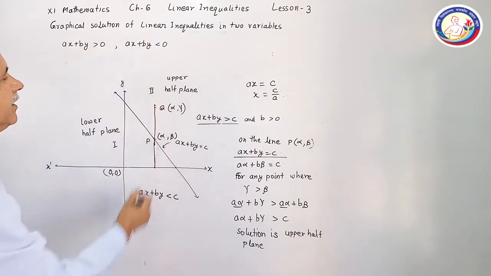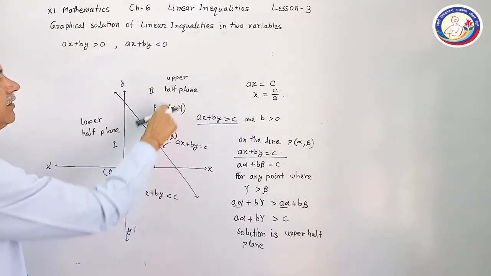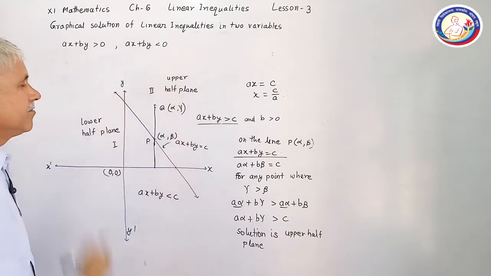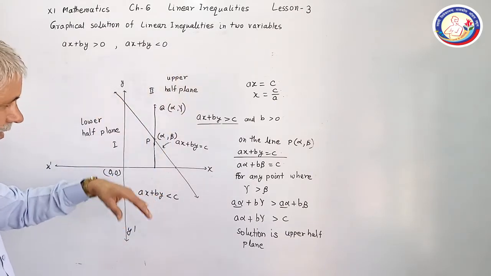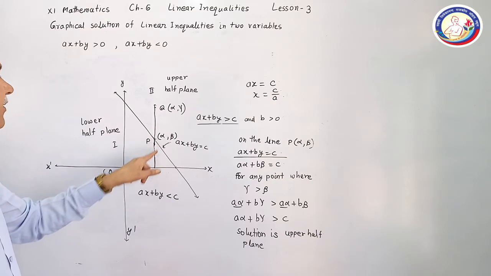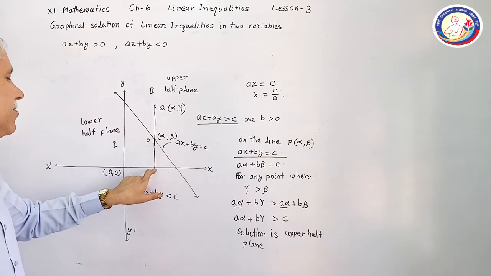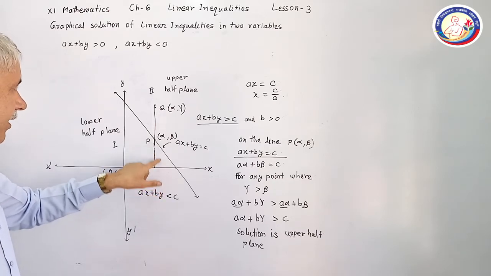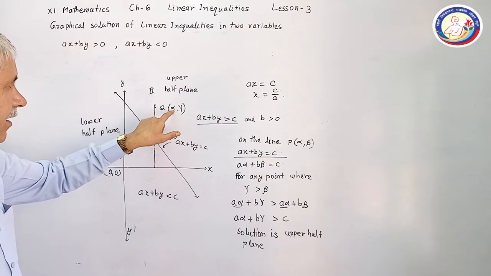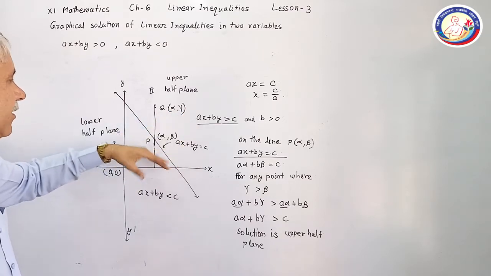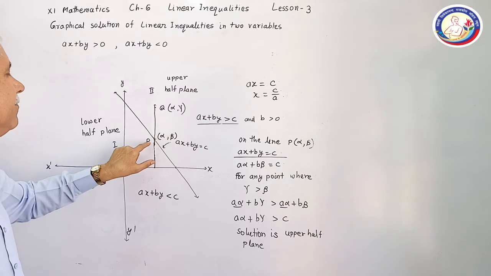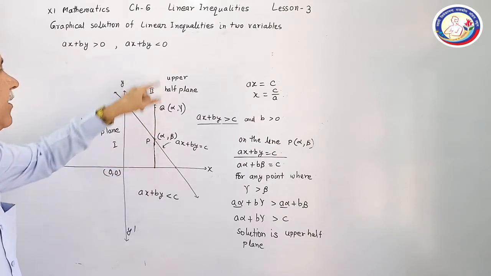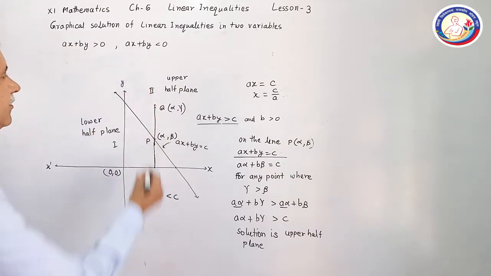There may be one point which is in the upper half and one in the lower half. I have drawn a line here. Q is a point which is in the second half plane, the upper half plane. And there may be another point which is in the lower half plane. So say (alpha, gamma) is a point above this point P (alpha, beta) on the same vertical line.